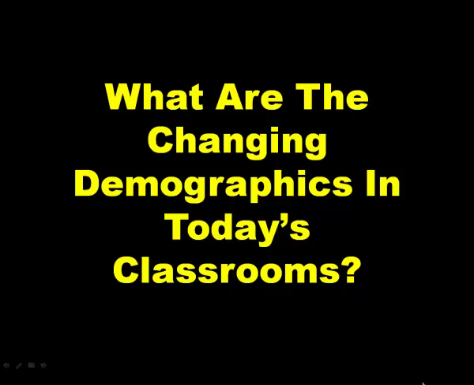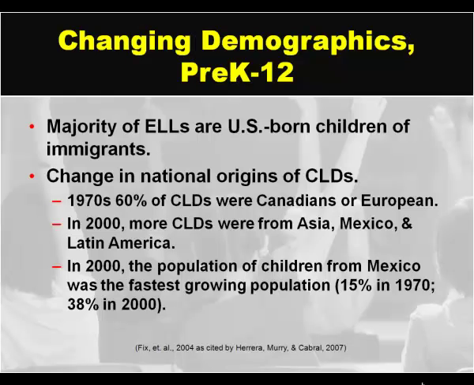What are the changing demographics in today's classrooms? Changing demographics pre-K to 12. Majority of ELLs are U.S.-born children of immigrants. Change in national origins of CLDs. In the 1970s, 60% of CLD students were Canadians or European.